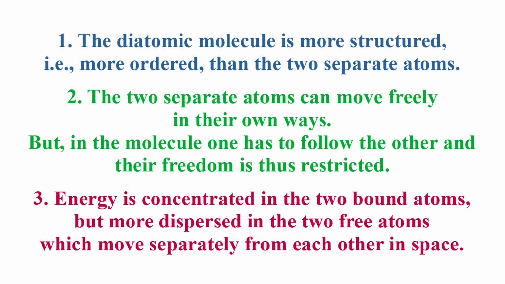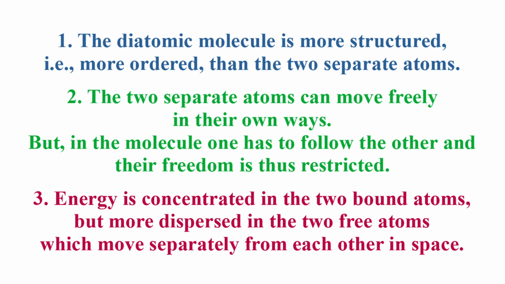When the two atoms bond together to form the molecule, one atom always has to follow the motion of the other. They both cannot move freely in their own ways as they could before their binding together. Thus, their freedom gets restricted and hence delta S is less than 0.